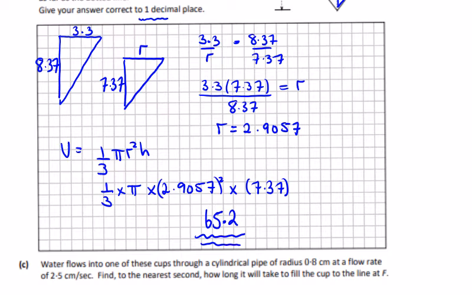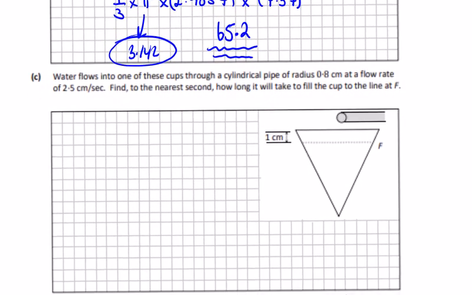Whether you use pi in your calculator or 3.142, you'll get the same answer regardless of which one you use when you're rounding.